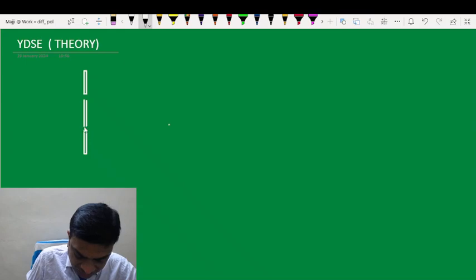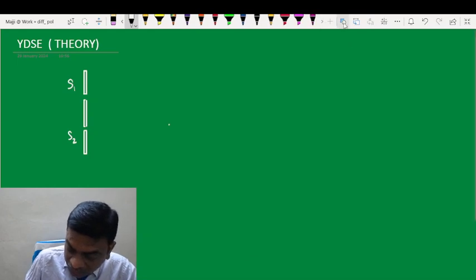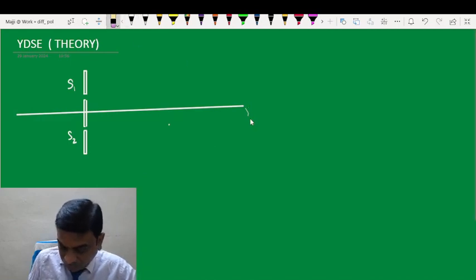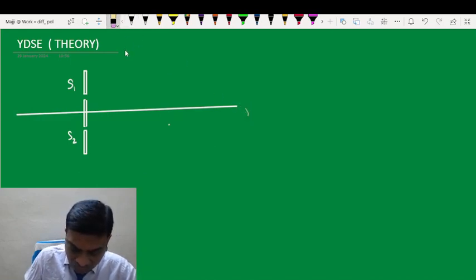Two slits are there, you can see. You can name them as slit S1 and S2. Then you have a central line. I'll draw the central line here. Sorry, this is not very good, so I'll redraw it.